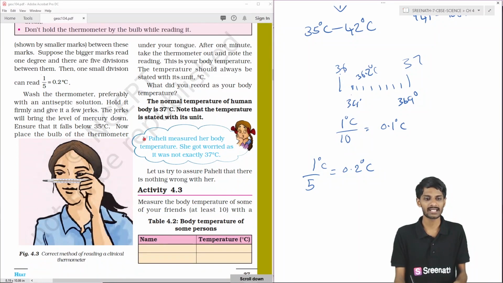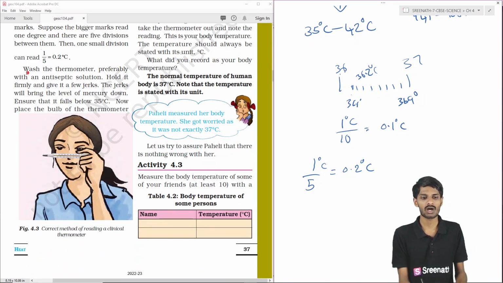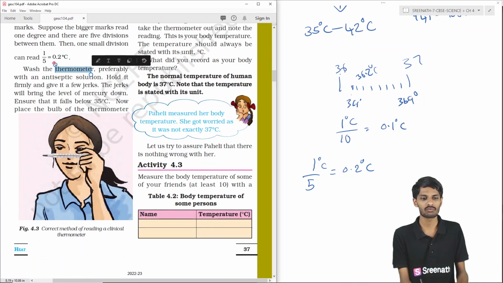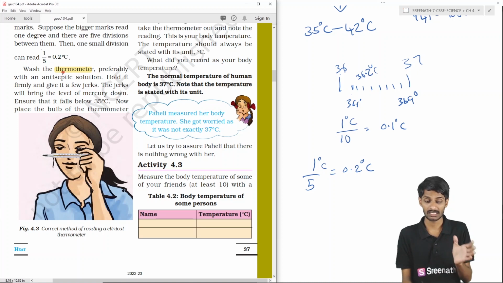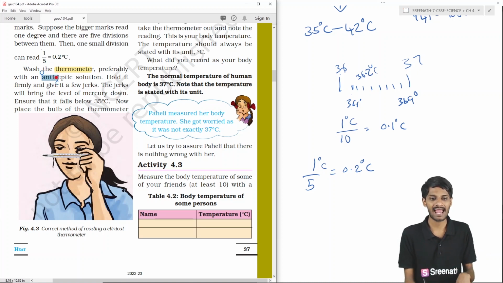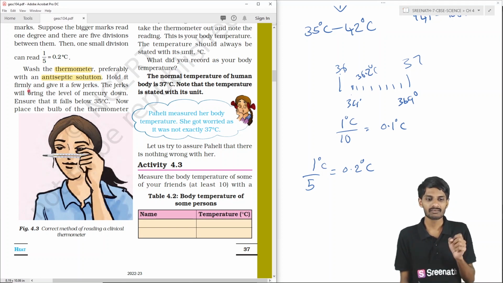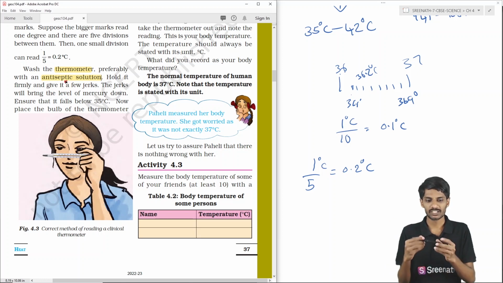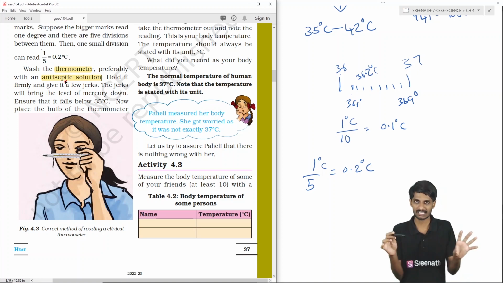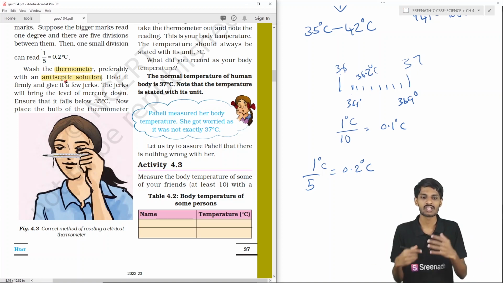First, students, if you want to check how much temperature your body has, you first have to wash the thermometer with antiseptic solution. Then hold it firmly and give it a few jerks, so that the mercury's previous reading is disturbed and it comes to the normal state.